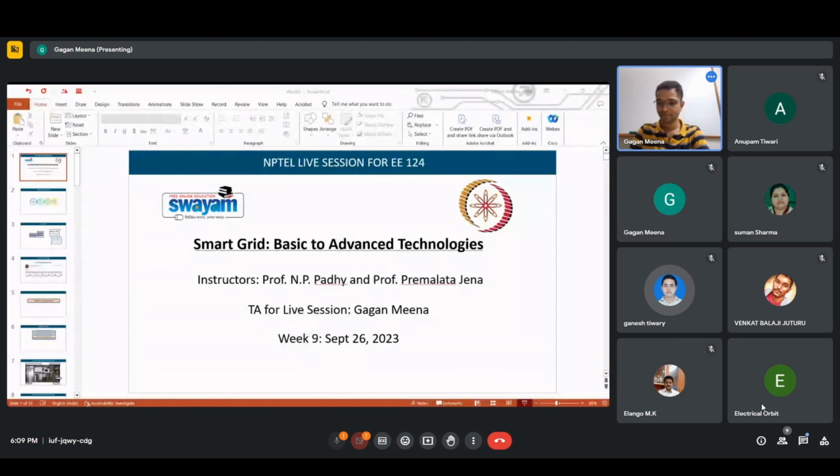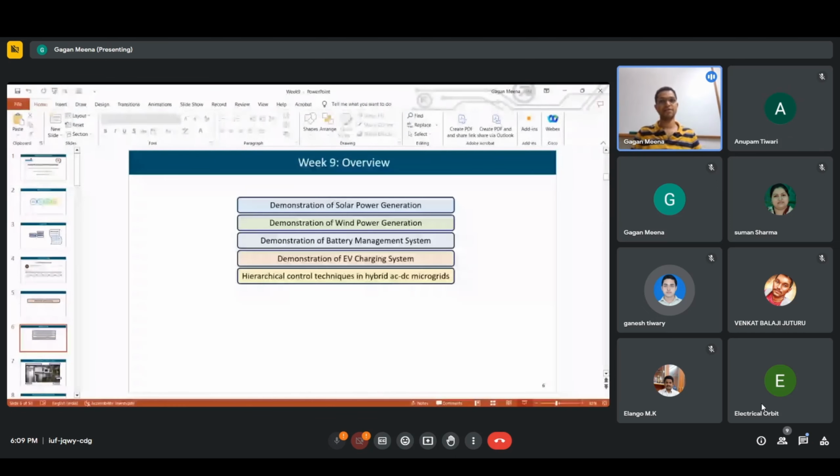Yeah, so let us begin with the demonstration of the solar power generation. So for hardware in loop, we use all these power amplifiers, and there are some digital simulators, real-time digital simulators. One of them is this Opal-RT. So RT is for real time, and one is RTDS.